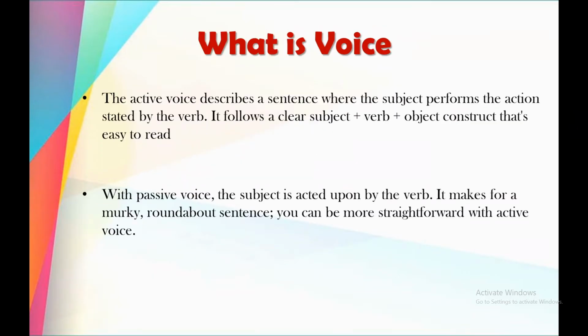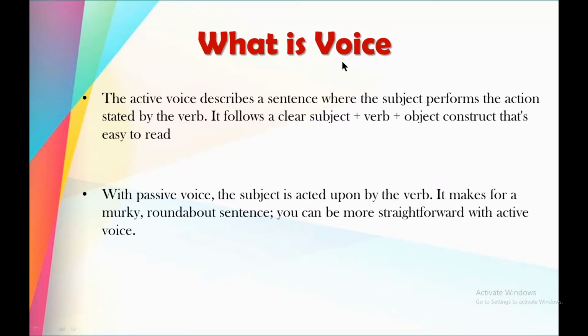My dear students, if we talk about voice itself, voice in terms of tenses, in terms of grammar, is of great importance. There are 2 types of voice, active and passive. In active voice sentences, subject is the voice of the sentence, and in passive voice structures, object is the voice of the sentence.